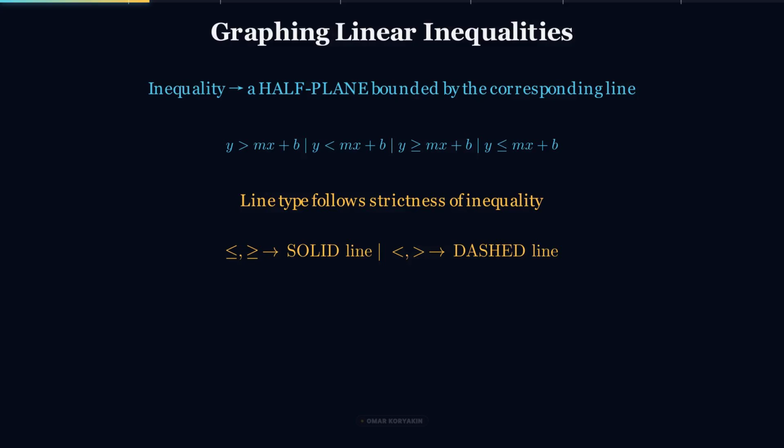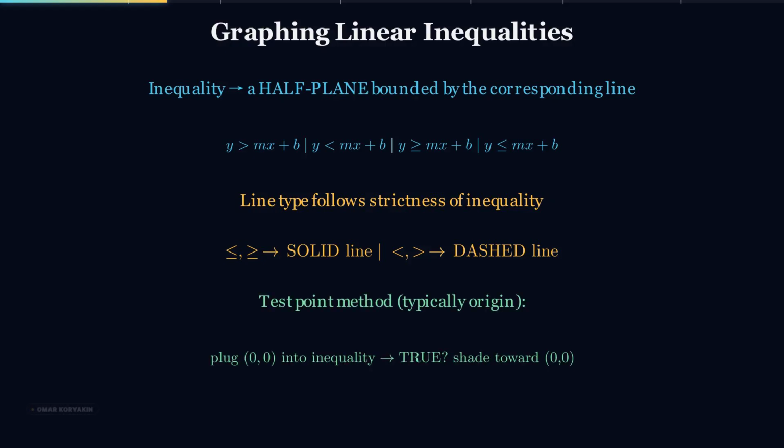Non-strict inequalities, less than or equal to and greater than or equal to, get a solid boundary line because points on the line itself are part of the solution. Strict inequalities, less than and greater than, get a dashed boundary line because points on the line are not part of the solution. The line style choice happens before any shading and is determined entirely by the inequality symbol.